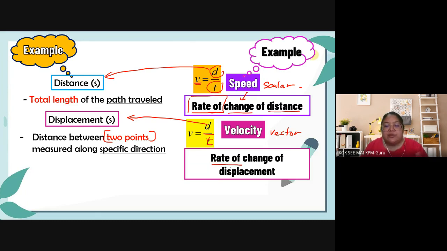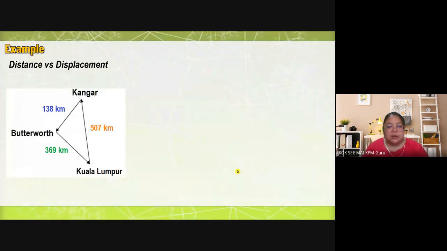So from here is rate of change of displacement. So this one is a velocity definition. Okay. So when starting, we just learn distance, displacement, speed, and velocity. So we go through to see got example or not.